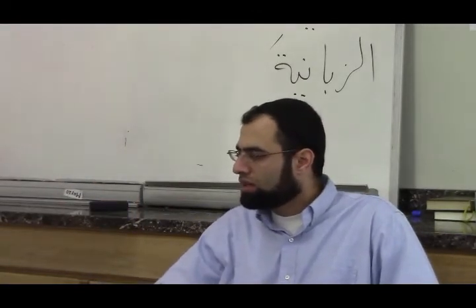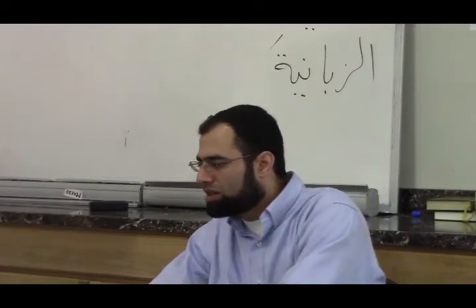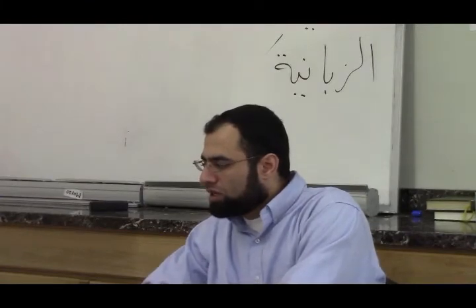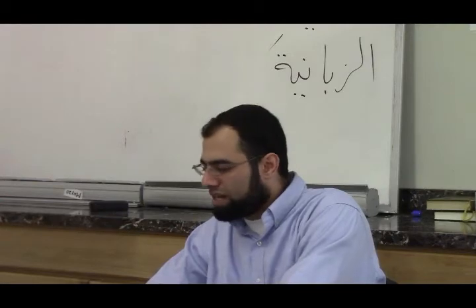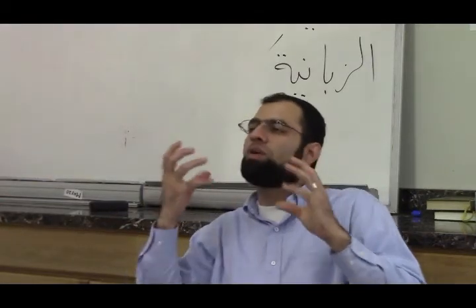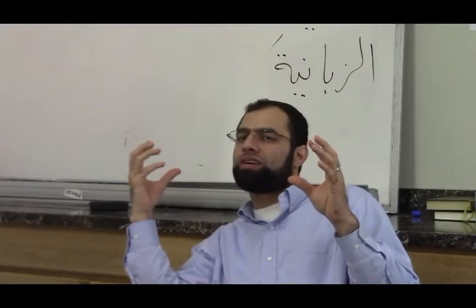Okay. Let's see how the Ain and the Ha, how these two letters are produced. We explained before that وسط الحلق is the area of what? What is the main part that we're going to move there?